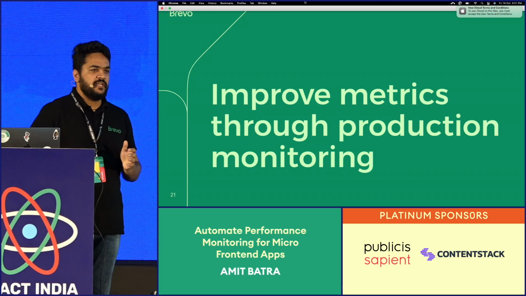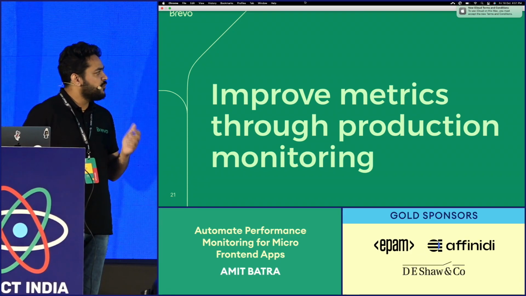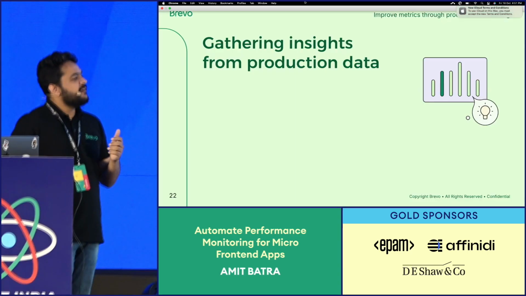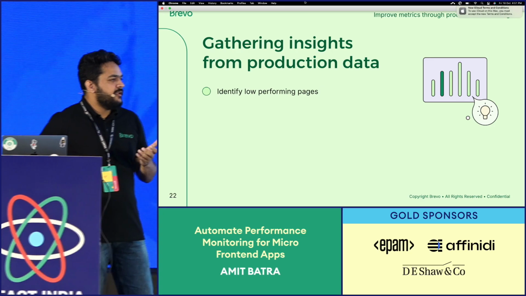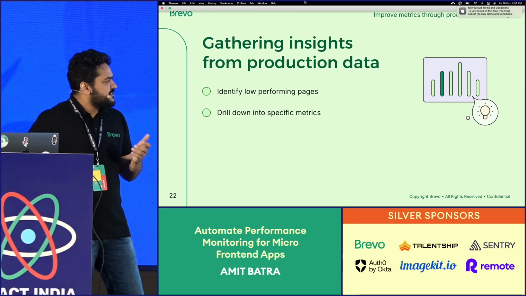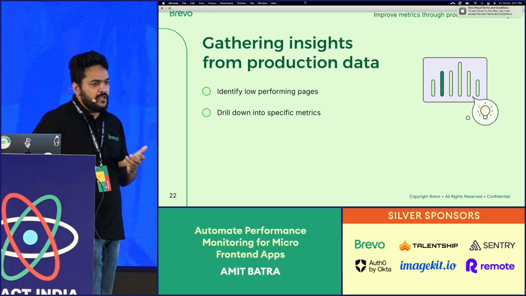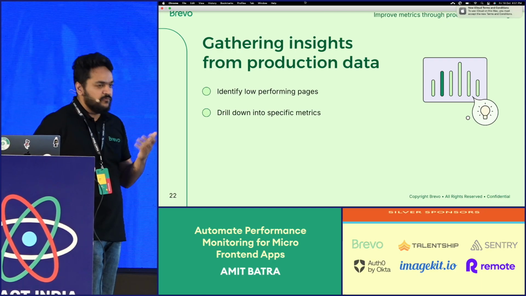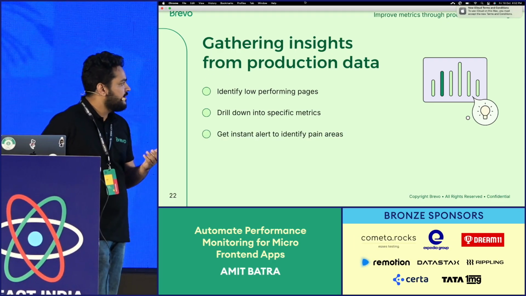So having these two practices integrated into our system, how did it help us improve metrics? Here are some insights that we gathered. We were able to identify the low-performing pages, drilling down into specific metrics, and having the idea of how each and every metric works helps us prioritize which area needs to be fixed.